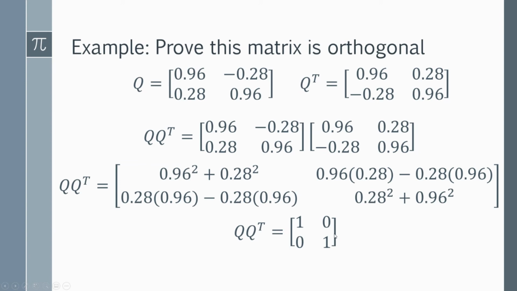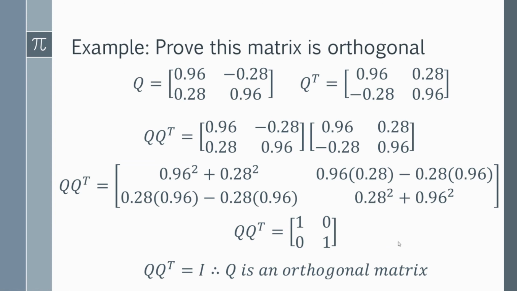And so you now have the identity matrix. So we have the situation where matrix Q multiplied by Q transpose is giving you the identity matrix, and therefore Q is an orthogonal matrix, and you have proven that the matrix is orthogonal.